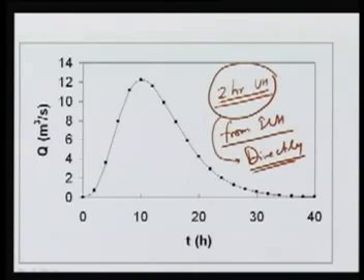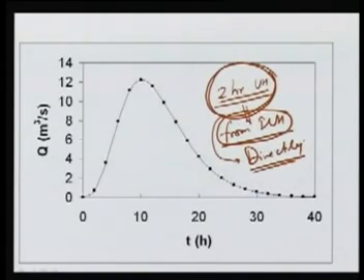Suppose we have a 2-hour rain, we can get the corresponding DRH and get the 2-hour UH from there. So from IUH also we can obtain the unit hydrograph for a given duration. But what we would look at is, for a given hydrograph, how to obtain the IUH.